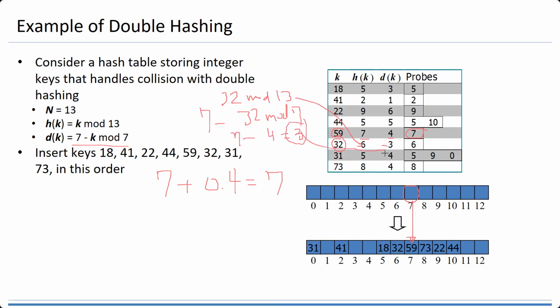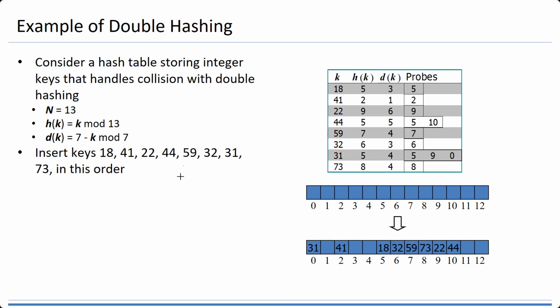So 3 we put here. When j is 0, 6 plus 0 multiplied by 3, of course it is 6. Then we check the position 6. There is still no key in position 6.